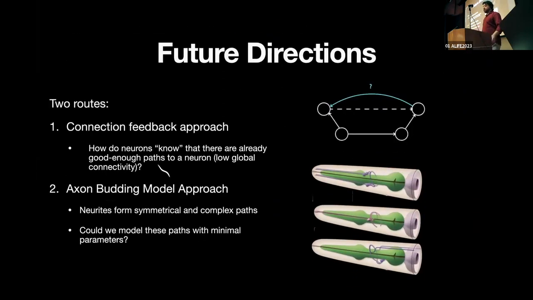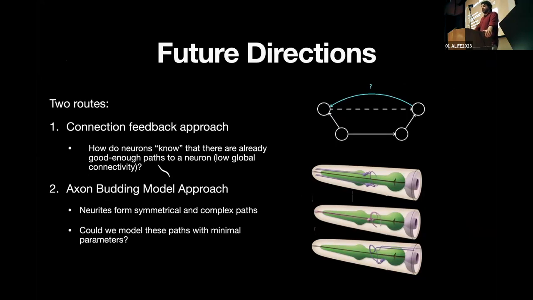So going on to future directions, we have two different routes of ideas here. First, we're thinking of possibly doing a connection feedback approach to try to capture what we found with the average node connectivity. Basically, how are these neurons able to know that a neuron farther away from it is connected to some of its neighbors? There has to be some sort of transmission of information in order for that to occur.